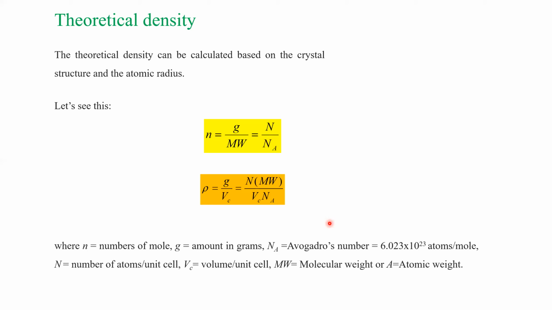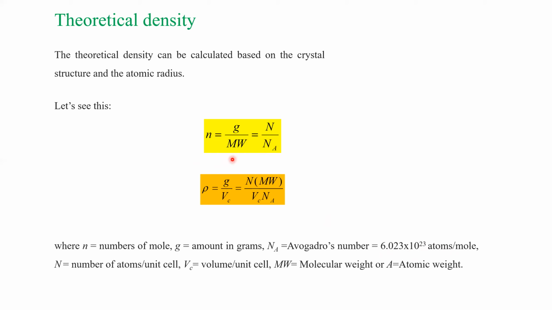So this is Avogadro's number, 6.023 times 10 to the 23 atoms per mole. And you know this meaning. This is the definition of density, right? It's just mass per volume. So I put grams per volume.